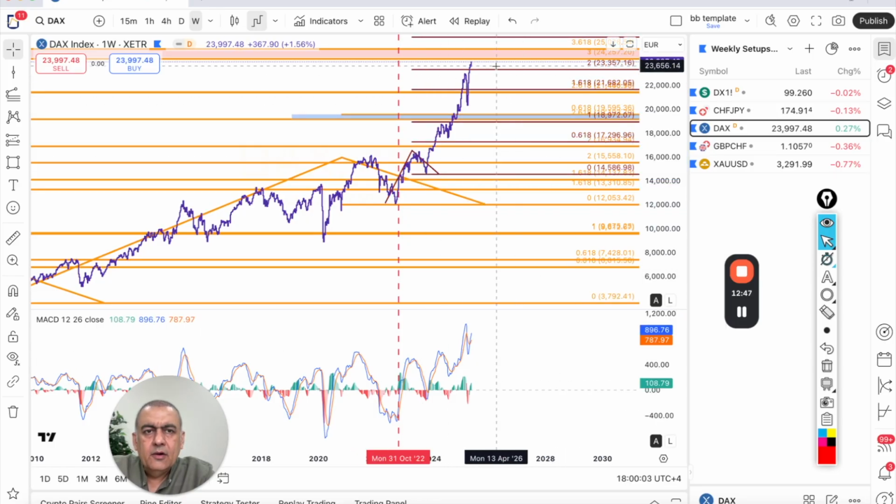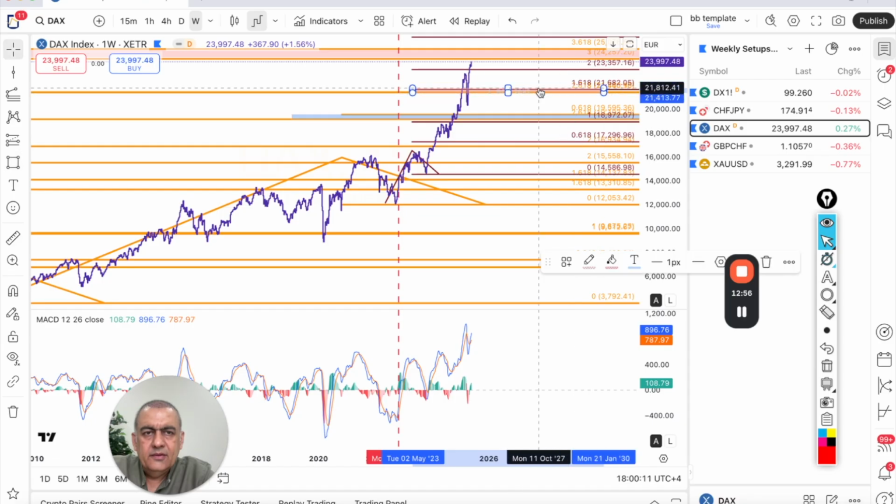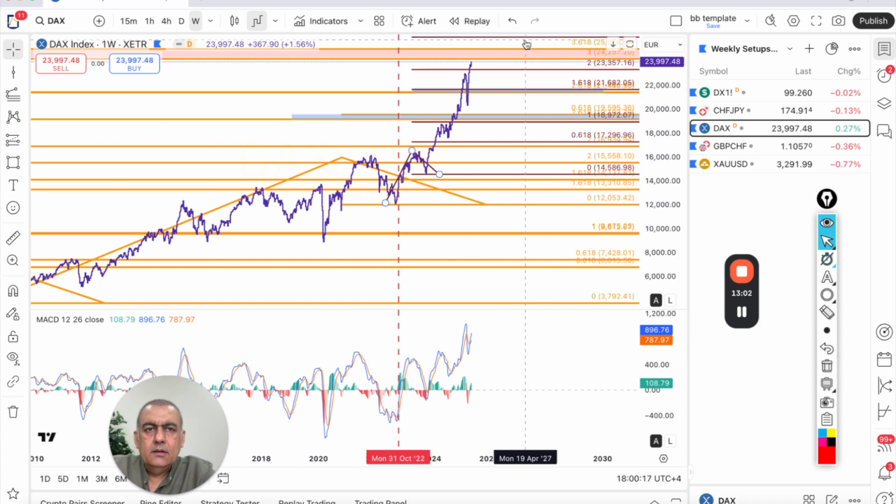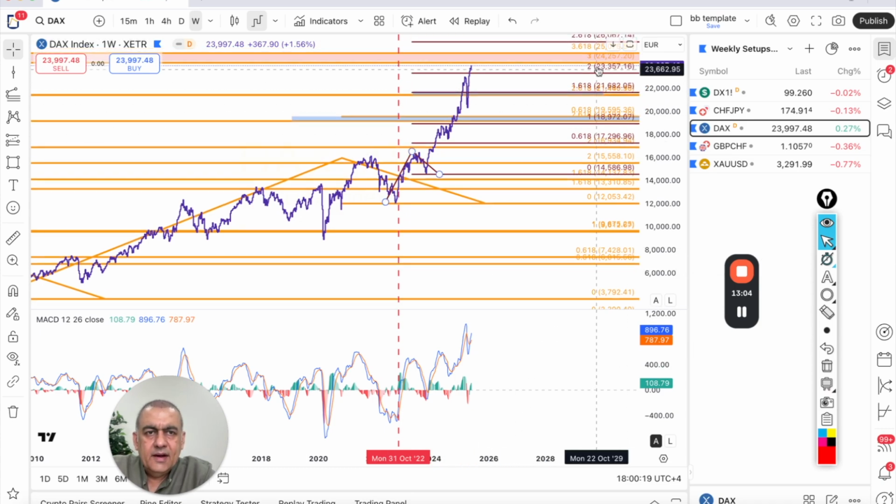So the dark brown lines are representing our weekly fib levels. Now the closest magnet support is here, at 21,682. And the next resistance is at 24,257, followed by 25,000.